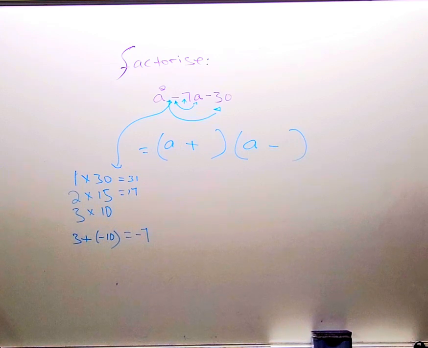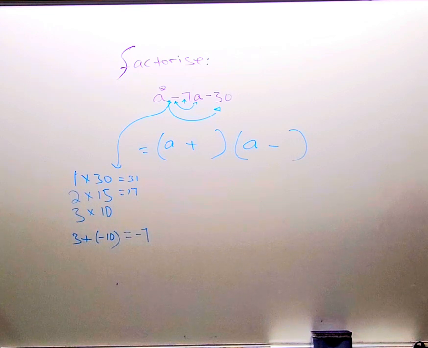So what do I need? Now you find 3 and minus 10 gives you minus 7. That means in your brackets you are going to put 3 and minus 10.